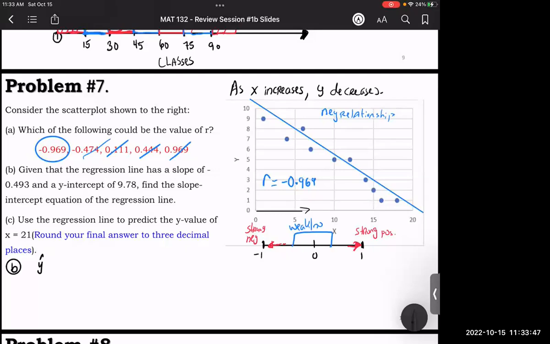Most of you have probably seen it from your text. It's y hat equals b1 x plus b naught, or b0. This, by the way, is no different from y equals mx plus b, the slope-intercept form of the equation of the line. Right, so b1 is what gives you your slope. B naught is the y-intercept.